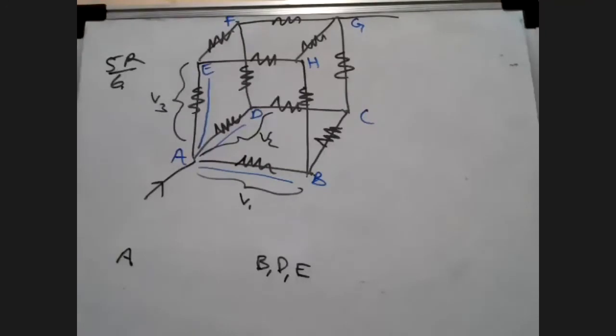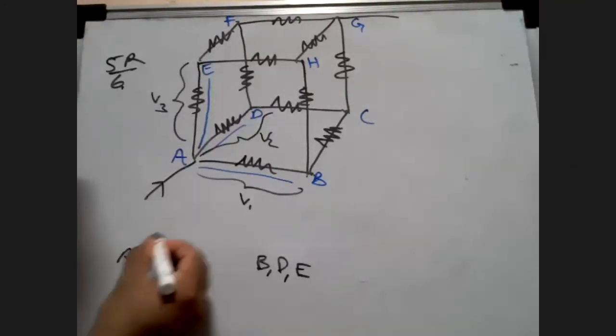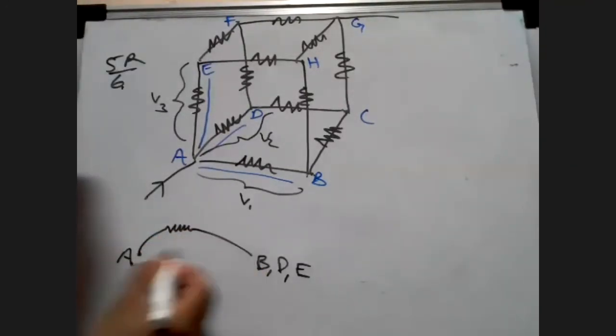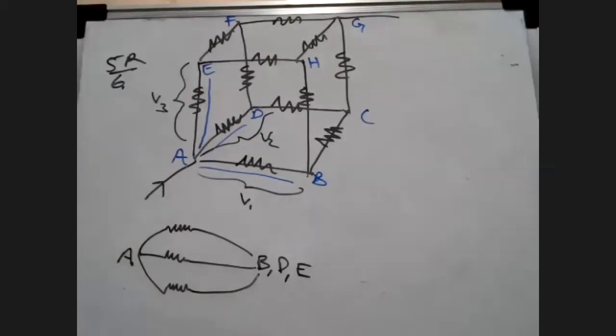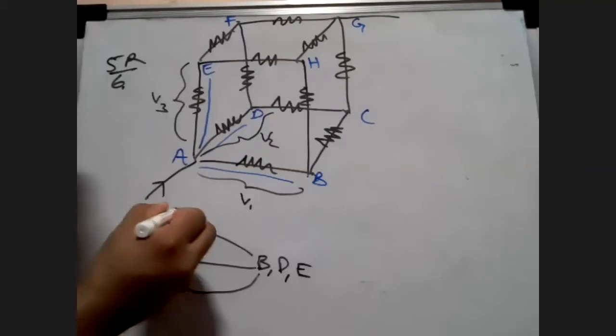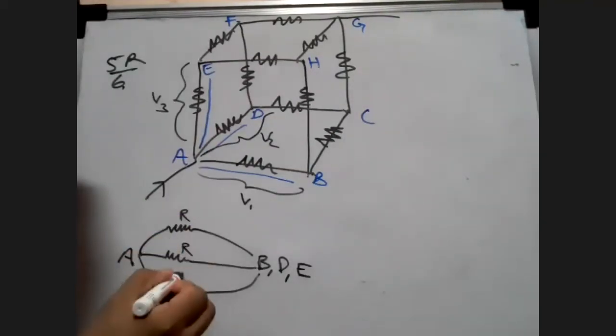So in that case, I can draw the resistors like this. Is this understood? Any doubts so far? Okay. This is what I've done. I wrote here R. I wrote here R. I wrote here R.